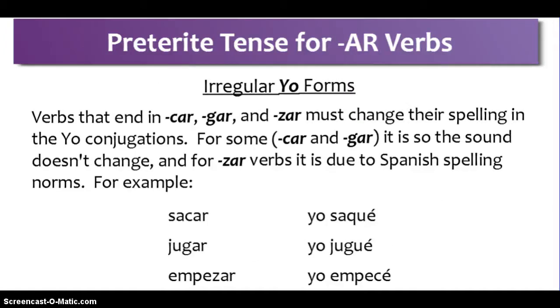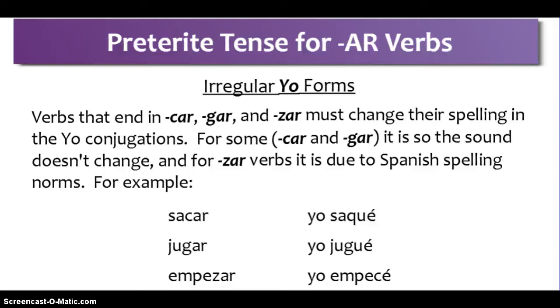And what would any conjugation be like without some irregularity? So we've got some irregular yo forms in the preterite tense. You have to look at how the word is spelled in the infinitive. If the word ends in CAR, GAR, or ZAR, you have to change the spelling when you conjugate for yo. Sometimes it's so the pronunciation of the word doesn't change, as in words ending in CAR and GAR.